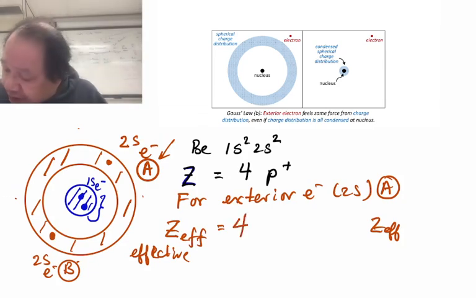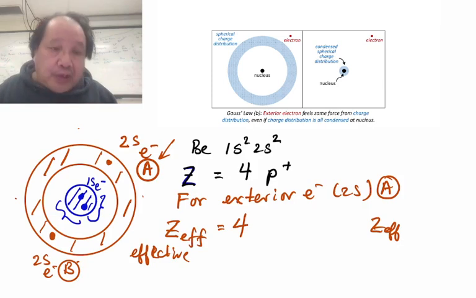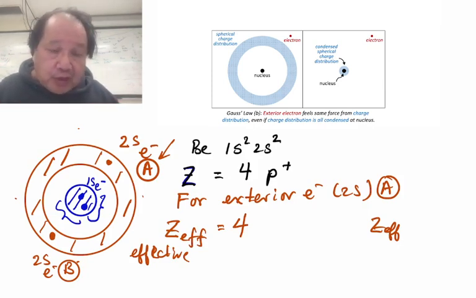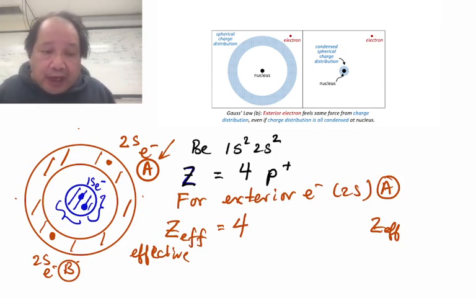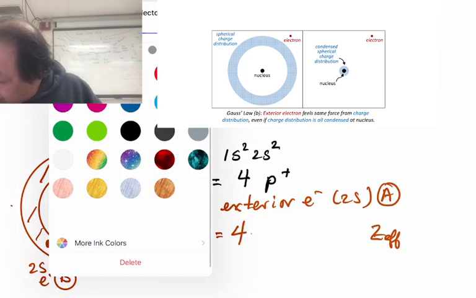And then there are still those 2 1s electrons that are totally interior to that ring of 2s electrons. And by the second part of Gauss's law, that spherical distribution in the interior can be thought of as being entirely concentrated at the nucleus. So it's going to be 4 minus 2.